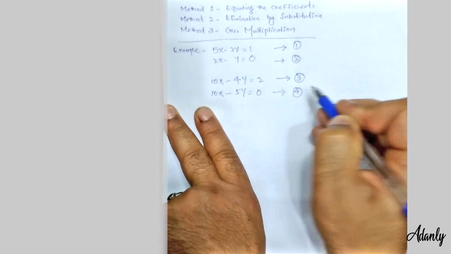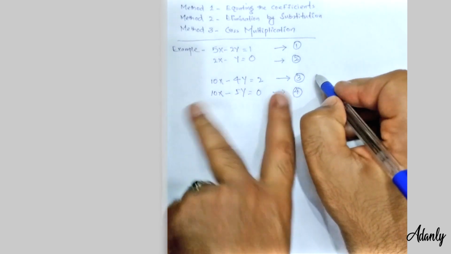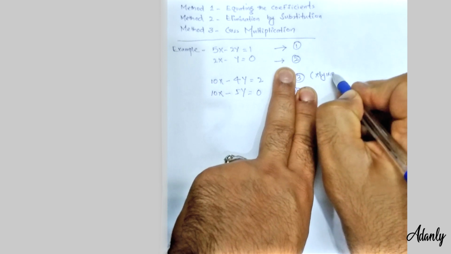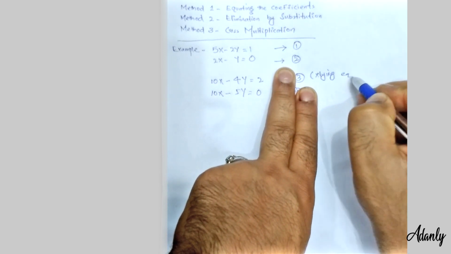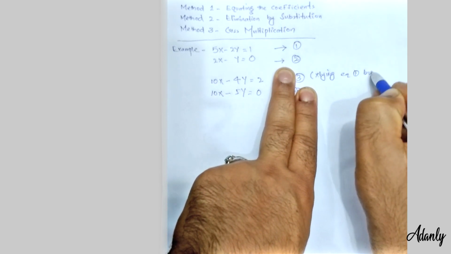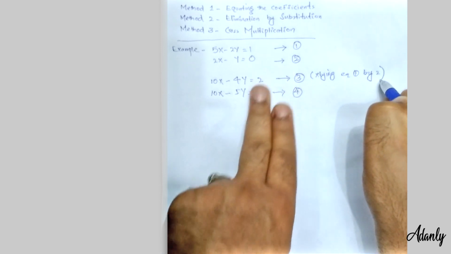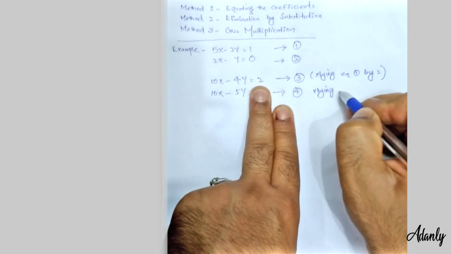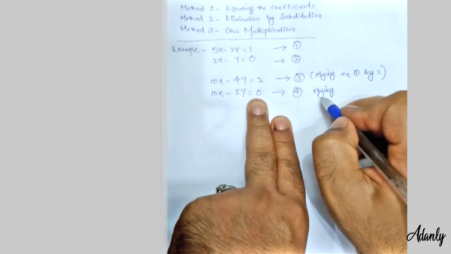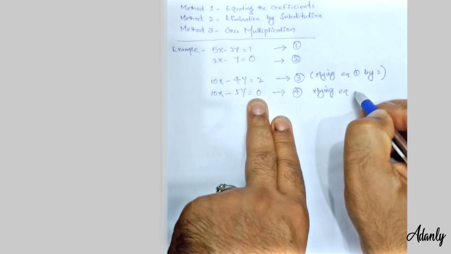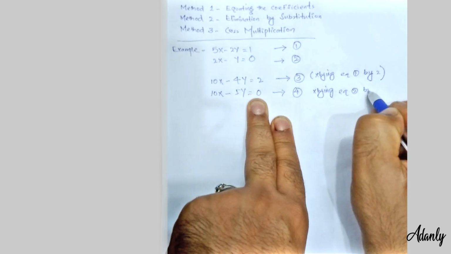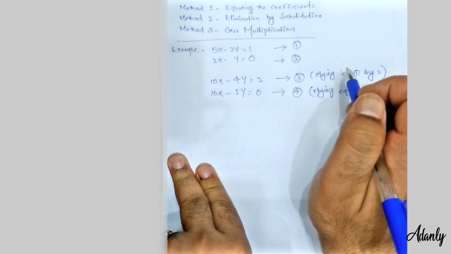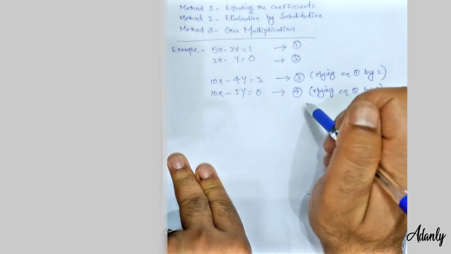We can also write comments, like multiplying equation 1 by 2 for equation number 3 and multiplying equation 2 by 5 for equation number 4, so we will not be confused with these equations.